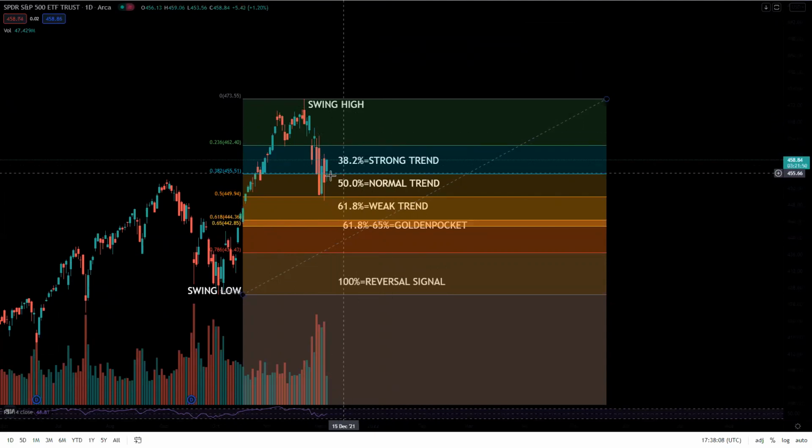And let's say we're coming up and then we come back down. As long as we bounce here or here, we're still showing signs of a bullish trend. If we come back down and bounce around here, it would be a weak trend. It wouldn't be too strong necessarily. And then we have our golden pocket right between 61.8% and 65%.